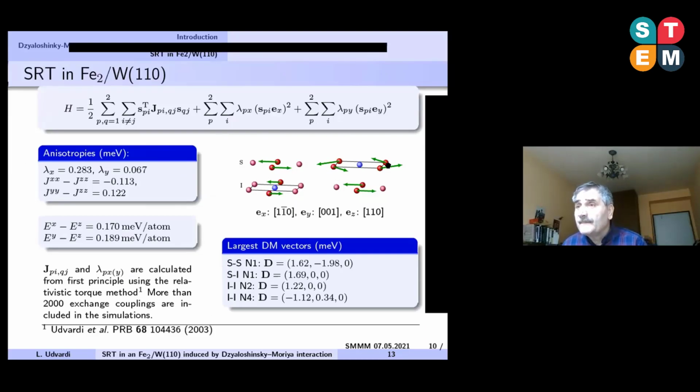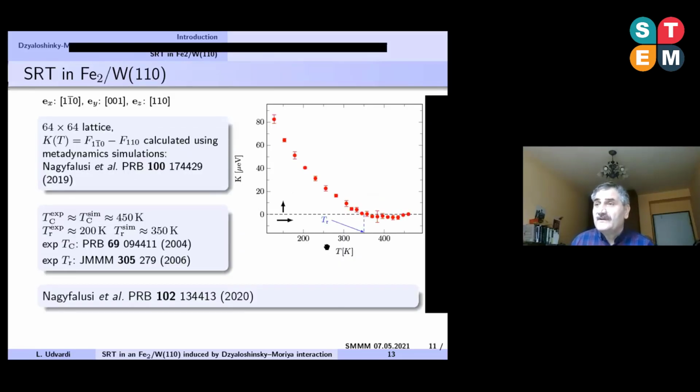Here I denoted some of the DM vectors, the most important ones. They are all in the plane and parallel to the x-axis, which in our case is the 1-1-0 direction. And we got this result.